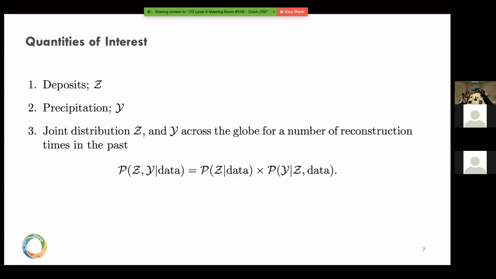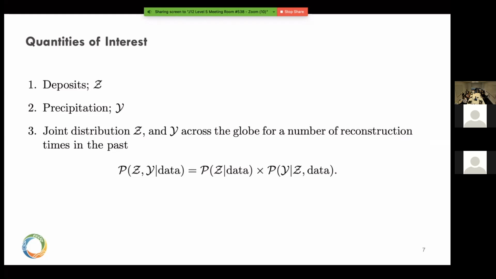What they were interested in was predicting the precipitation, or at least understanding the predictive distribution of the precipitation, using all the available data, and I'll talk about how we're going to define the data later on.